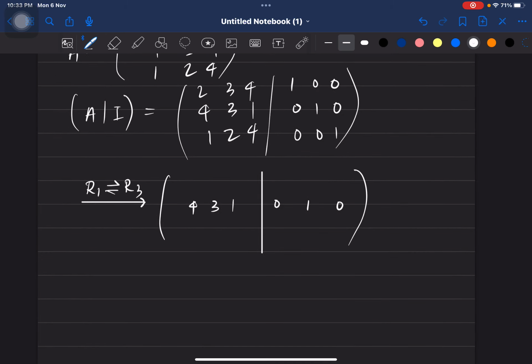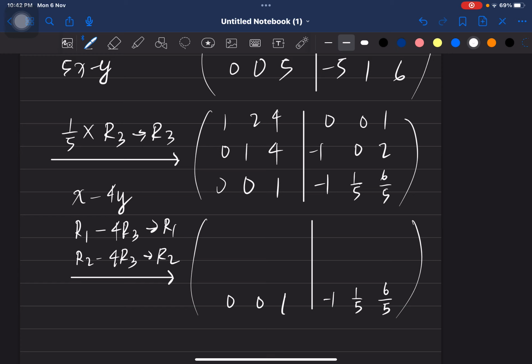X minus 4y. So x will be row 1. So check first. X is row 1. And then y will be row 3. Still the same. Must make sure you type all this also. So you get back 1. That's what you want. You want to always make sure you get 1 0 here.